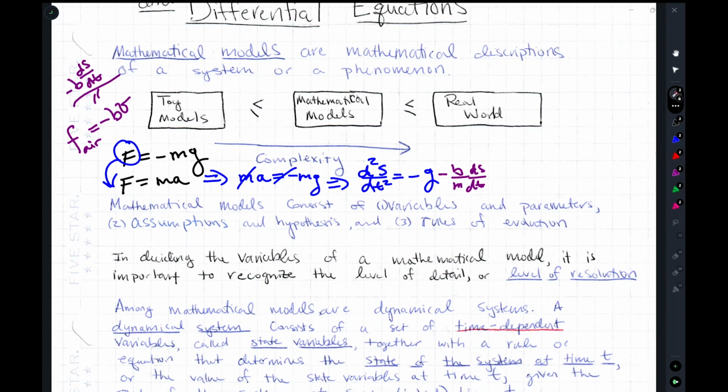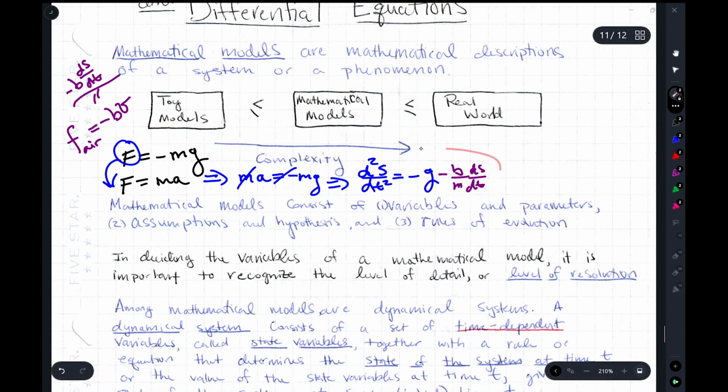So as part of our mathematical models, there are three main components you want to think about. One, the variables and parameters. Variables are the things that are changing, the things that we are solving for. Parameters are things that we fix, okay? They're constants of our models.